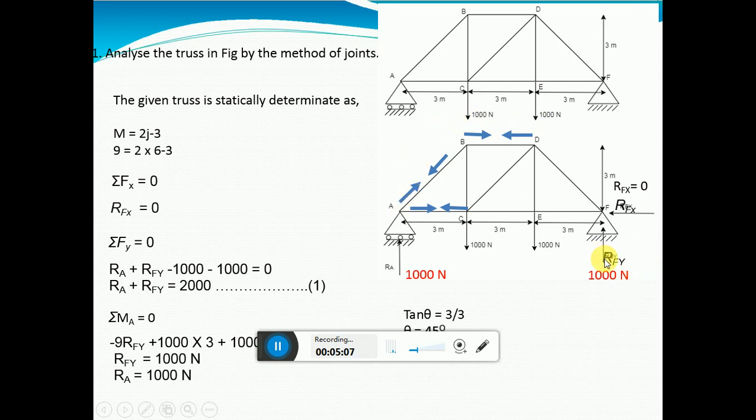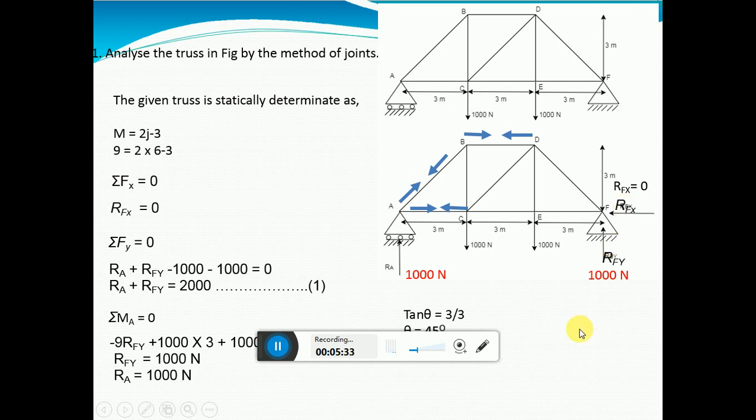So it is RFY into 9 in the anti-clockwise direction. So it is minus 9 into RFY. Therefore RFY is equal to, simplify these two, you will get 1000. Substitute this RFY in equation 1, you will get RA as 1000. Now you have found out RA, RFY and RFX.